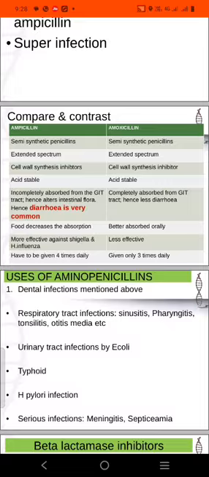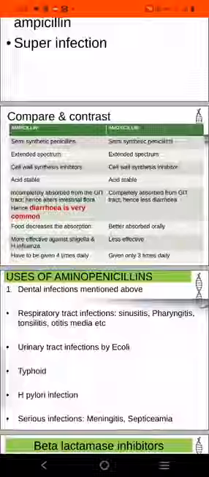Mechanism of action, they both inhibit the cell wall synthesis of the bacteria. Both are acid stable, but ampicillin is incompletely absorbed from the GIT. Since it is a coarse powder, it is not completely absorbed from the GIT.